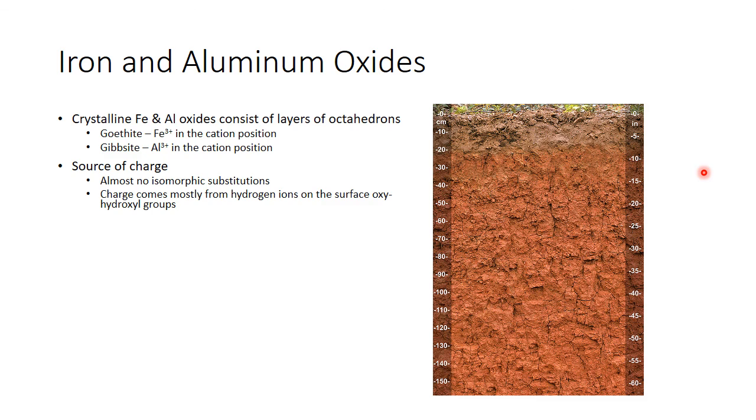The charges, these generally aren't quite as crystalline as we get for some of the phyllosilicates. They are crystalline to an extent, but there is no isomorphic substitution. So there's no kind of permanent charge that's part of these clays. So most of the charge comes from oxyhydroxyl groups.